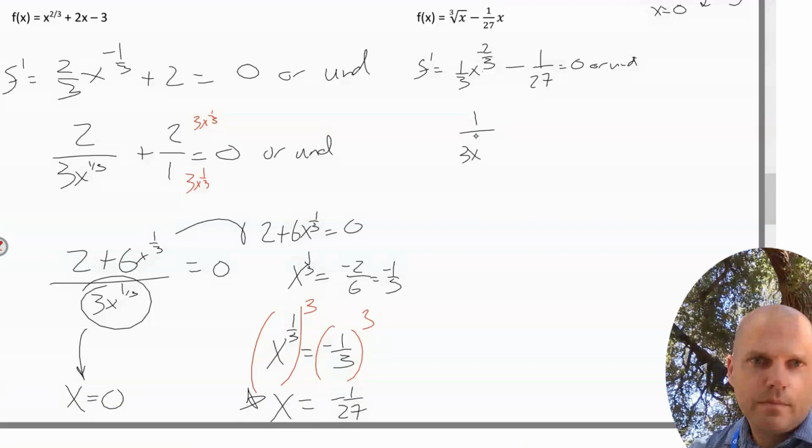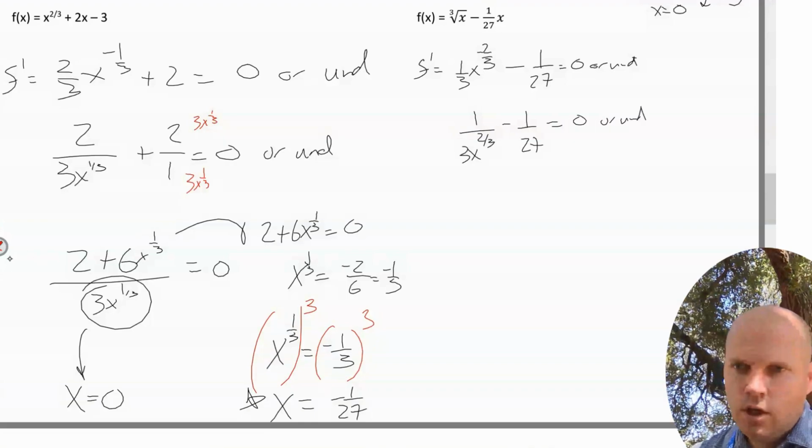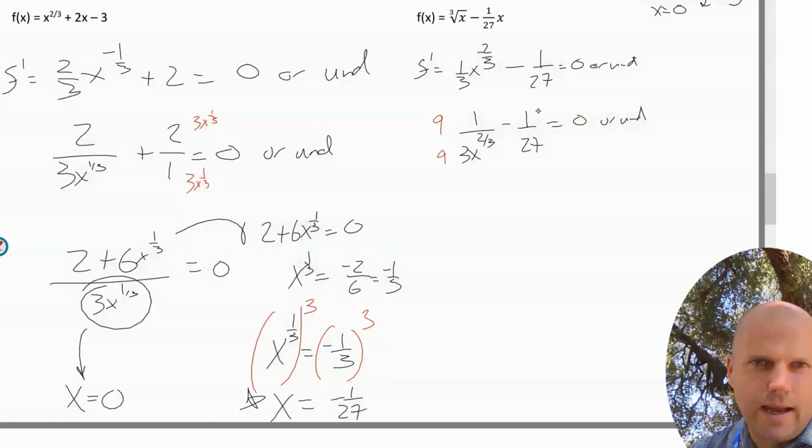Rewrite it. Common denominator. I'm going to multiply this by 9 over 9 and this by x to the 2/3 over x to the 2/3.